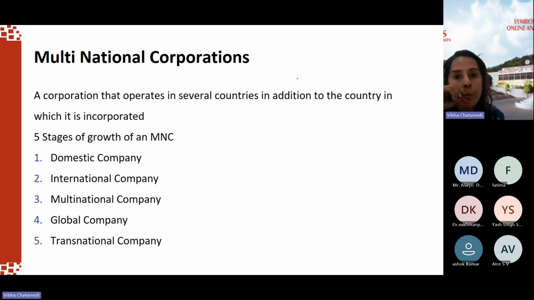So their approach starts changing from being ethnocentric to one that is polycentric in nature. And poly means many. So if you have polycentricity, it means that according to each region or country, you will change your product and marketing mix.